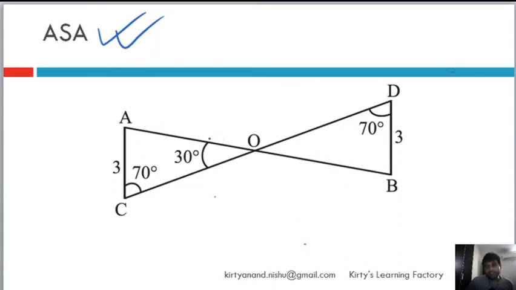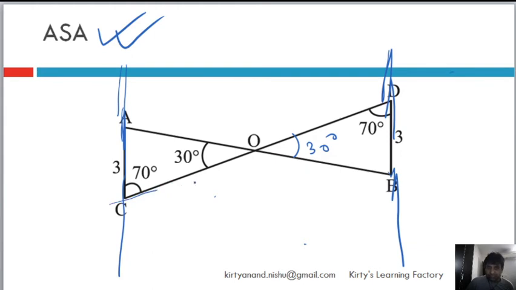Now this is the question, and we are asked to ascertain whether triangle AOC and DOB are congruent to each other. So this is 30 degree, this will be 30 degree using vertically opposite angles, right? This is 70 degree and this is 70 degree, and if I stretch this line a little bit, this line COD is nothing but a transversal, and I see that the alternate interior angles are equal, right?